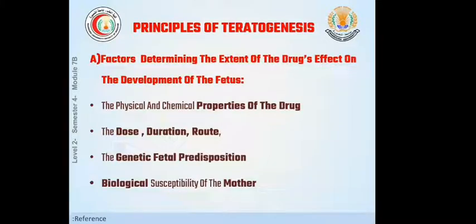Like number one, physical and chemical properties of the drug. As we have said, physical and chemical properties of the drugs like molecular weight, lipid solubility and ionization of the drug, protein binding, and any factors affecting the blood flow to the fetus, all will affect the amount of the drug reaching the fetus.